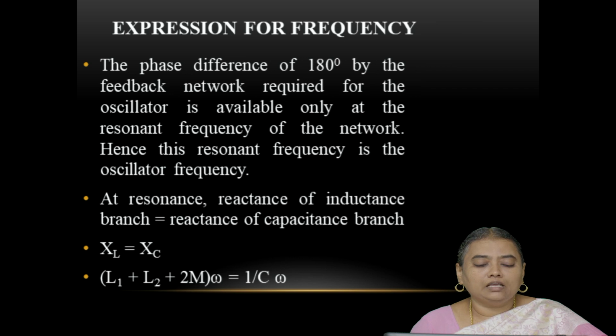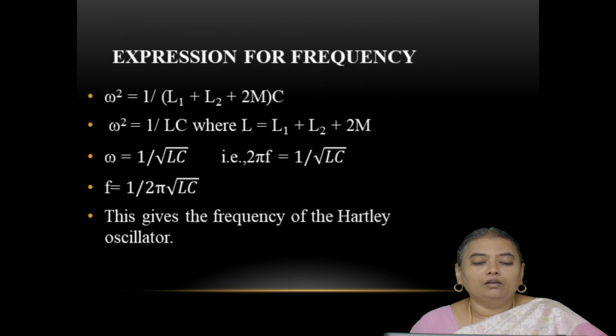So, XL is (L1 plus L2 plus 2M) times omega, equal to XC value 1 by C omega. So, omega squared is equal to 1 by (L1 plus L2 plus 2M) times C. Omega squared is equal to 1 by LC, where L is equal to L1 plus L2 plus 2M. So, omega is equal to 1 by square root of LC.